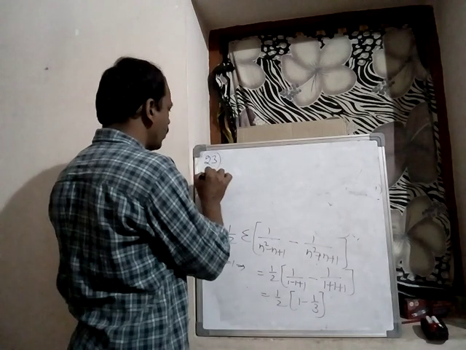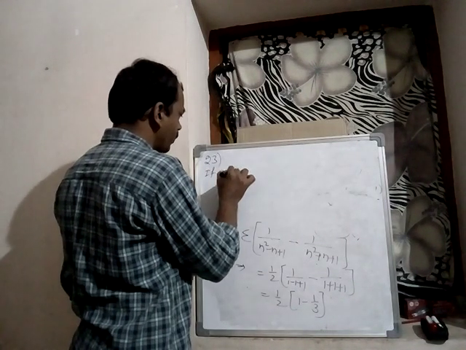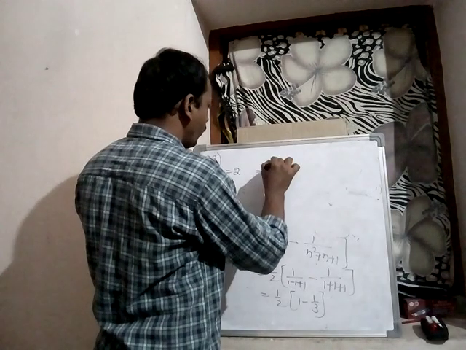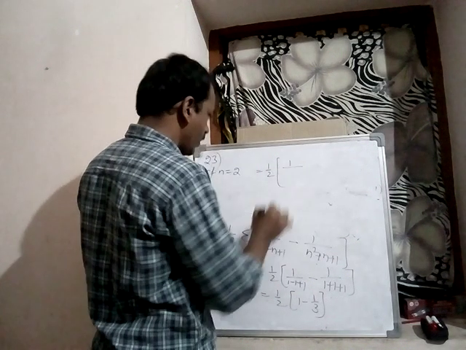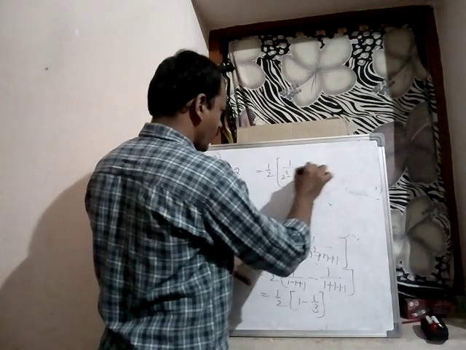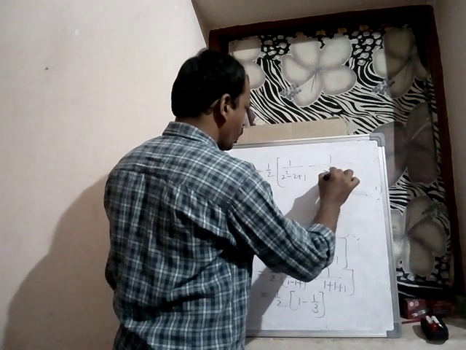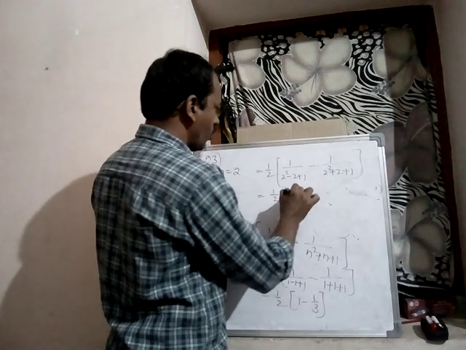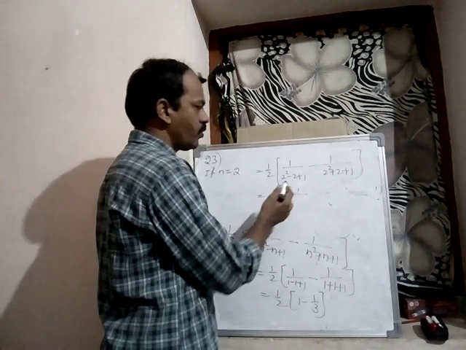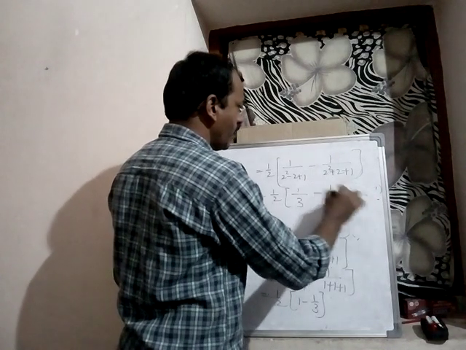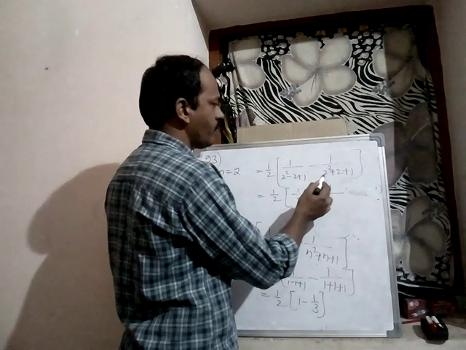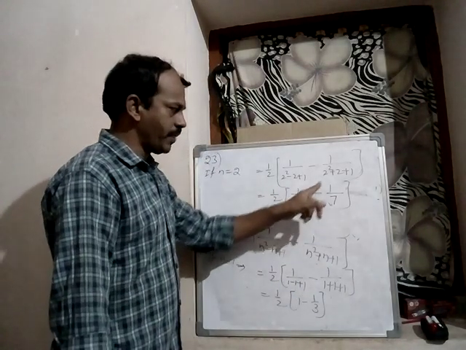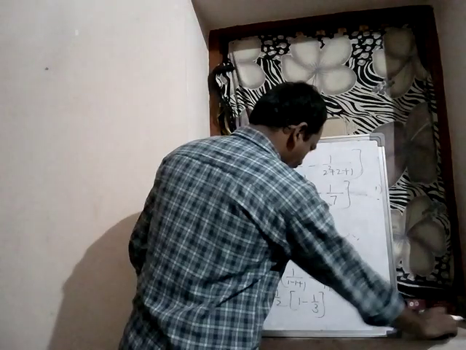If n is equal to 2, then 1 by 2 of 1 by (2² − 2 + 1) minus 1 by (2² + 2 + 1). So half of this value: 1 by 4, minus 2, plus 1 is 3, minus here 1 by 2² is 4, plus 2 is 6, plus 1 is 7. So 1 by 2 of 1 by 3 minus 1 by 7.